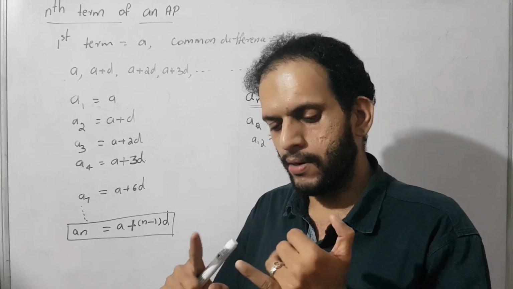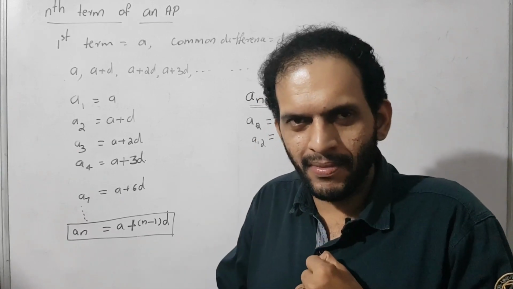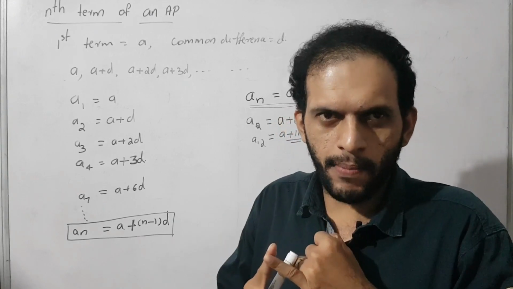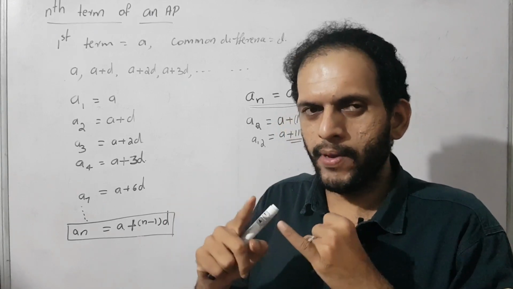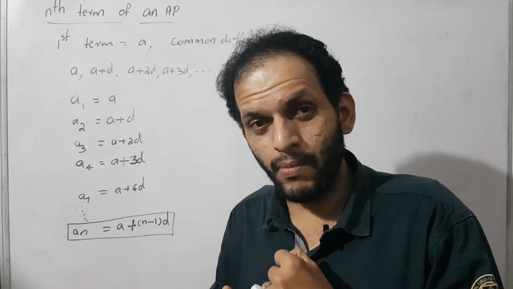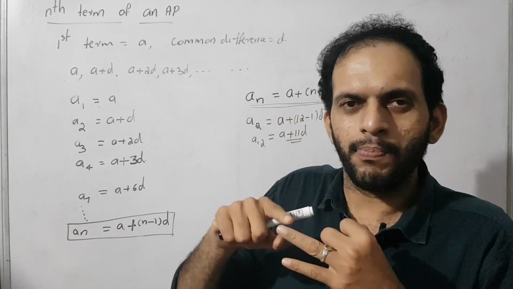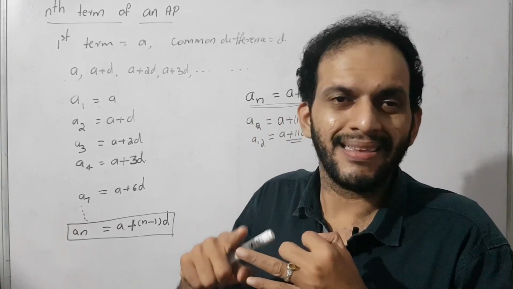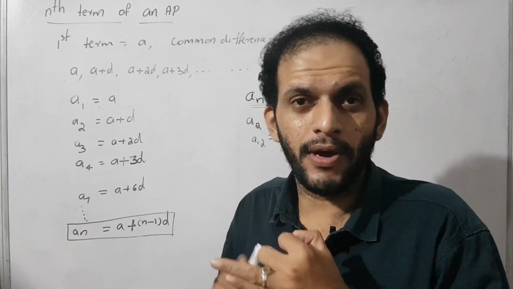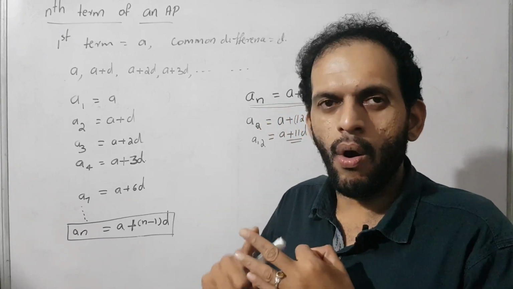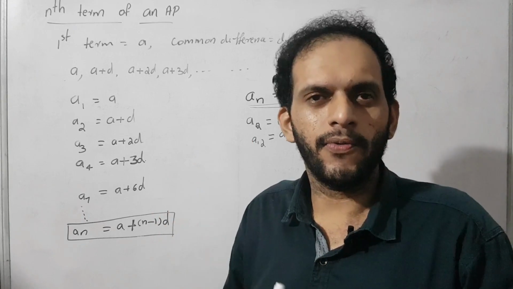The ideas are the same, but we call it in different ways. In some situations we choose it as the last term of an AP, or as the general form of an AP.